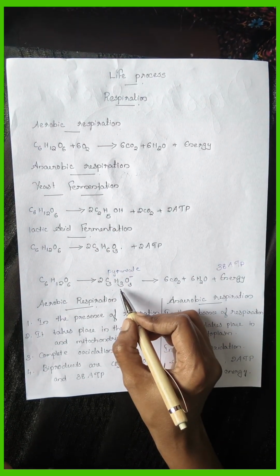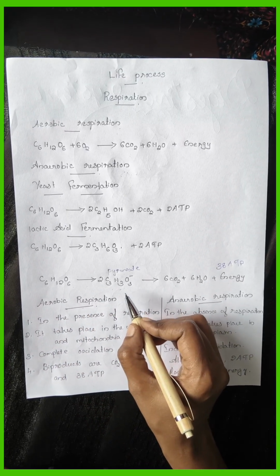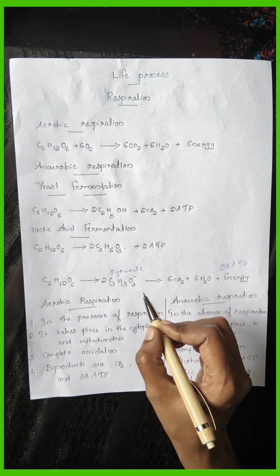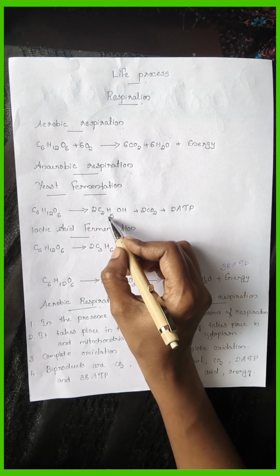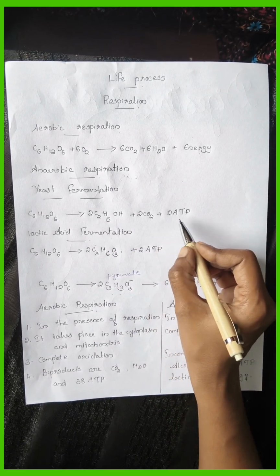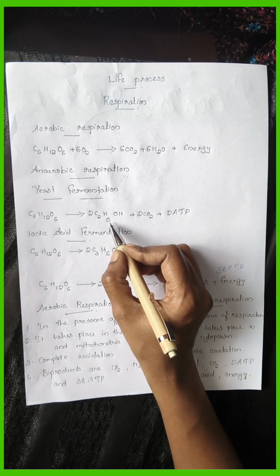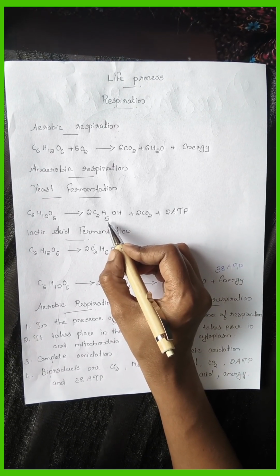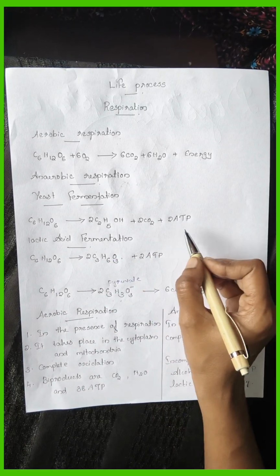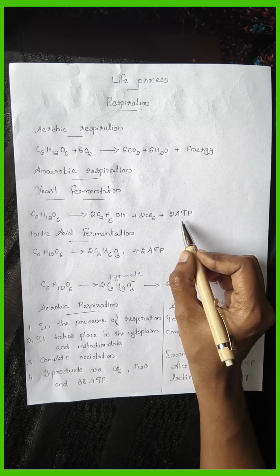So here also glucose is converted into pyruvate, and this pyruvate in the cytoplasm itself is converted into alcohol, carbon dioxide and 2 ATP molecules. So in yeast, the byproducts of respiration are alcohol, carbon dioxide and ATP. Only 2 ATP molecules are formed.